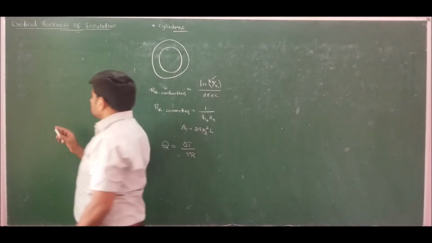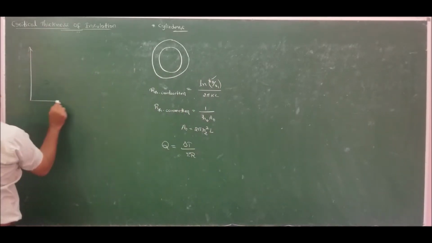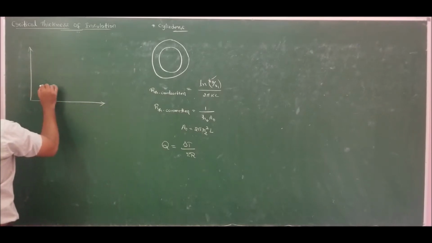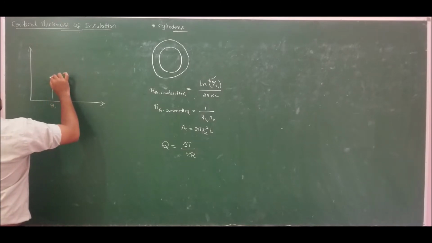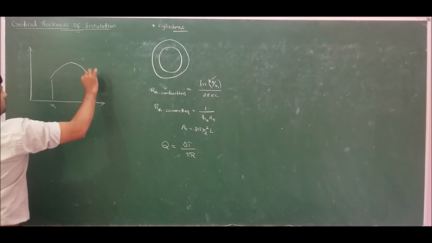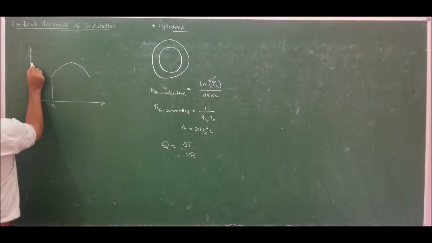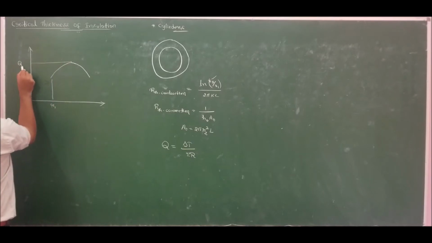For example, for a cylinder or a sphere, if I increase the outer radius, let us say initially I consider a wire with radius R1 and I insulate it, the heat flow will keep on increasing. At a certain point, it reaches a maximum. A further increase in radius will cause a decrease in heat flow. So I want to find this critical point where I will get the maximum heat loss, Qmax.